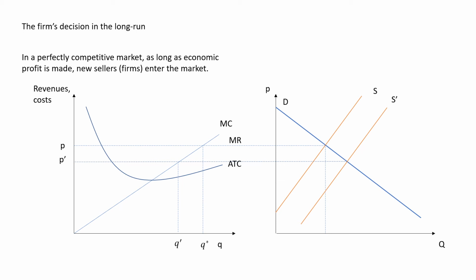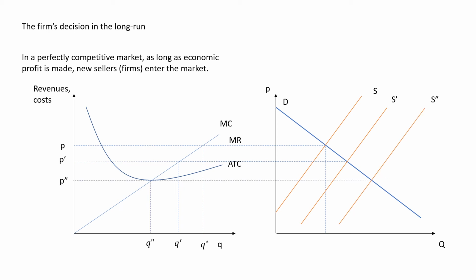At this new equilibrium, the price will be lower than before, P prime. And at this price, all the firms are going to choose to produce less, Q prime. Nevertheless, because of the higher number of firms, even with this lower per firm output, altogether we have a higher quantity supplied available in the market.